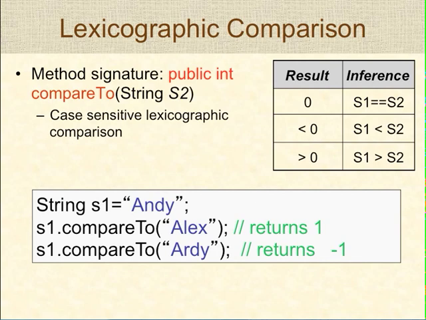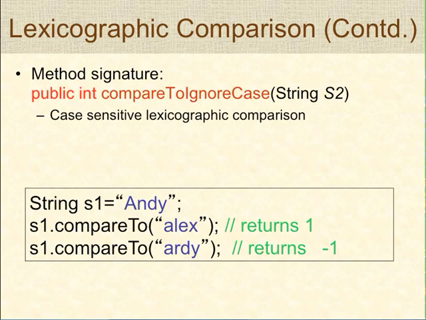You should check against greater than or less than, rather than equivalence to 1 or -1, because I think it's undefined as to whether it will actually return 1 or just some number that's greater than 0 or less than 0, whatever the case is. And another similar thing is compareToIgnoreCase, same idea. It's just doing this lexicographic ordering but ignoring case.